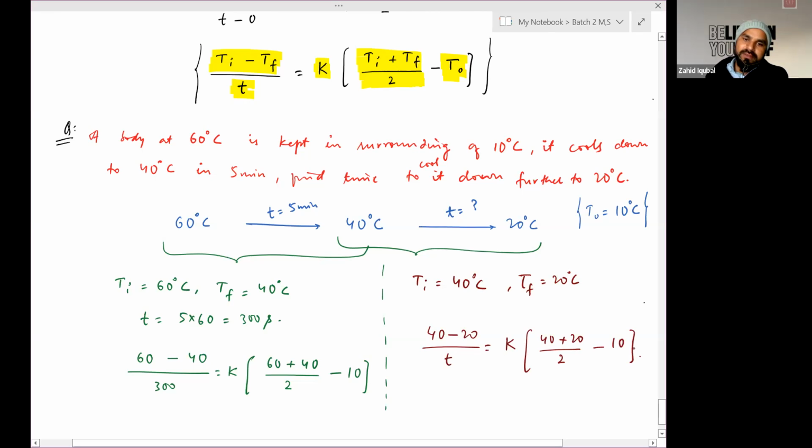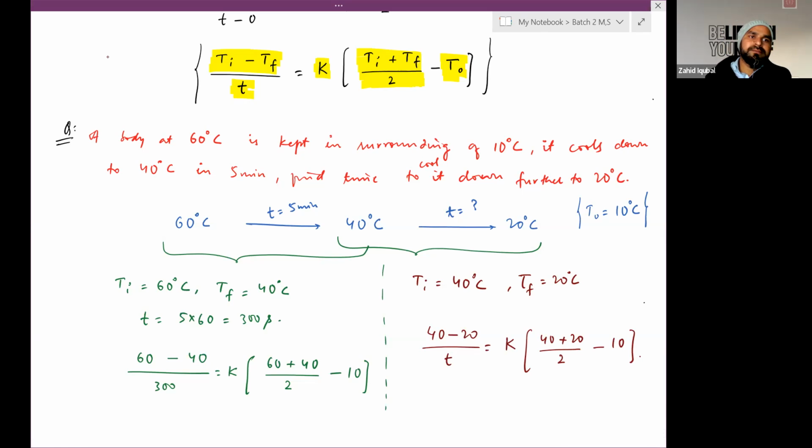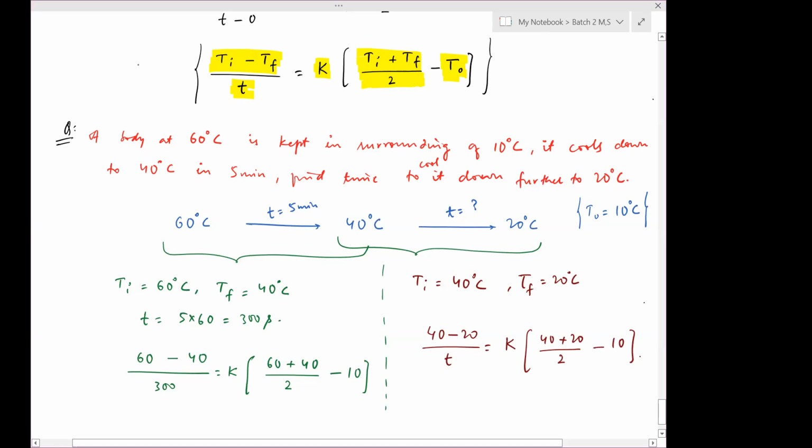Now try to calculate the value of K from the first equation, put it in the second, and you will get t. Okay? Is it clear? Yes, sir. Try to solve.